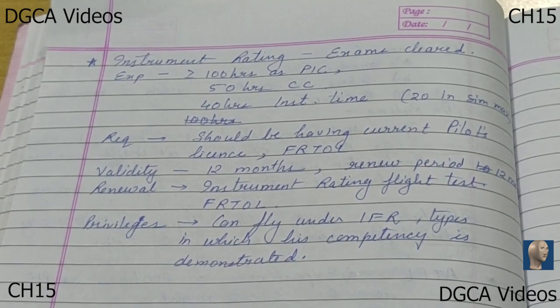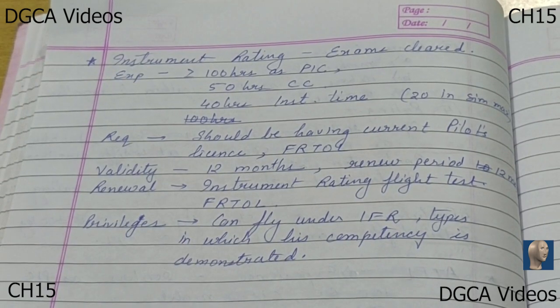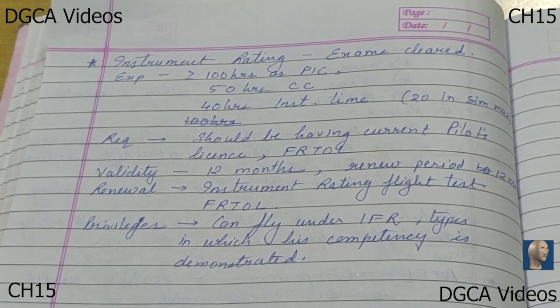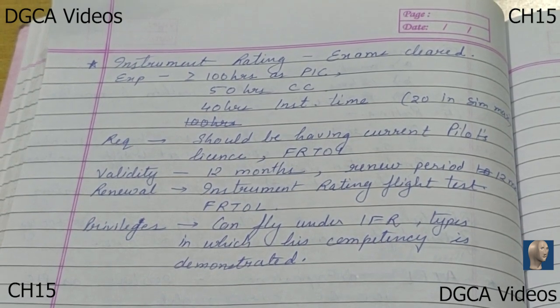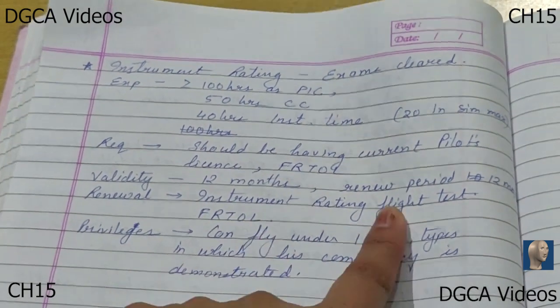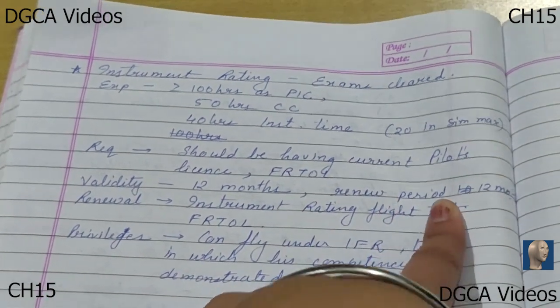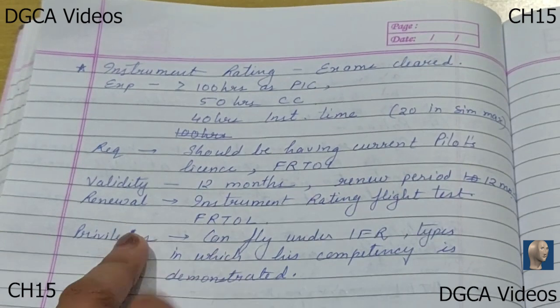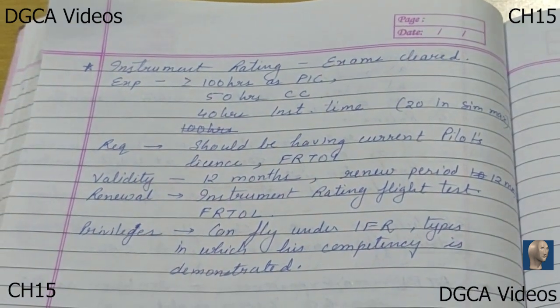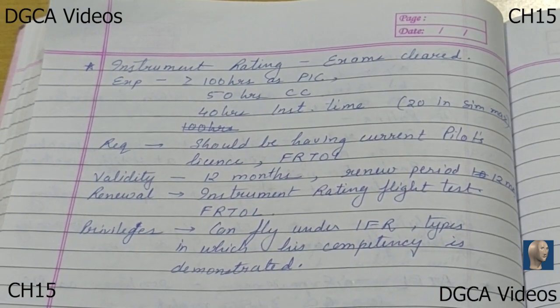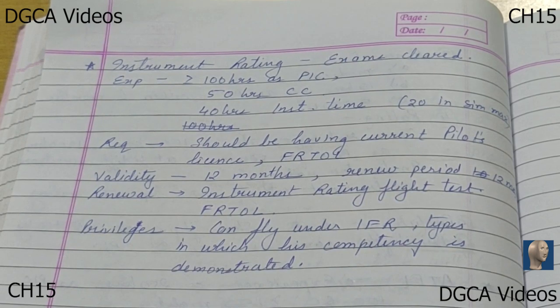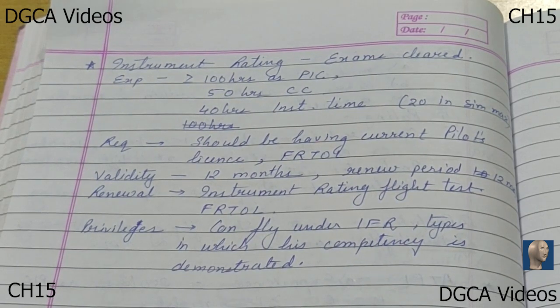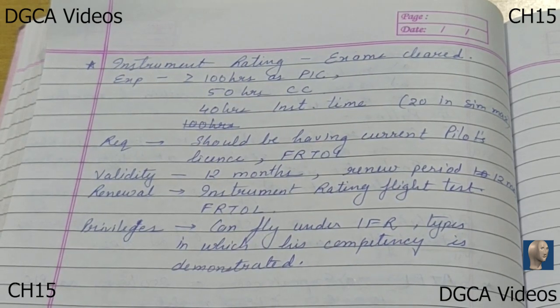And the requirement is having a current pilot's license and FRTOL. Validity here is 12 months, and renewal period is 12 months, again the same thing. If renewal of the license has to be done, an instrument rating flight test will be held, and FRTOL license should be there.